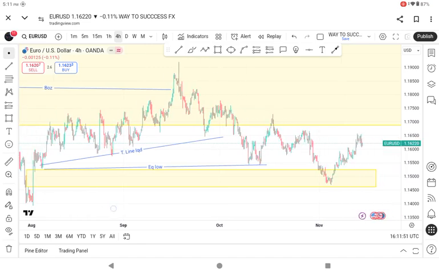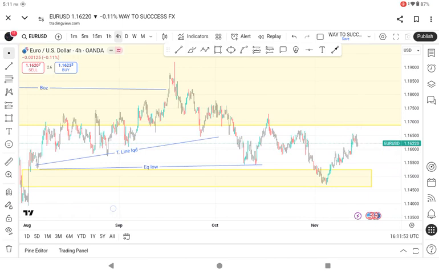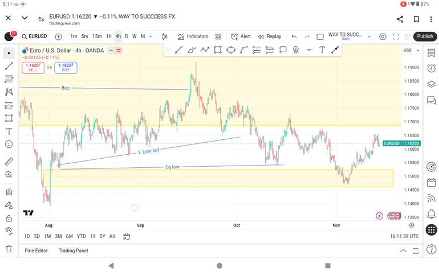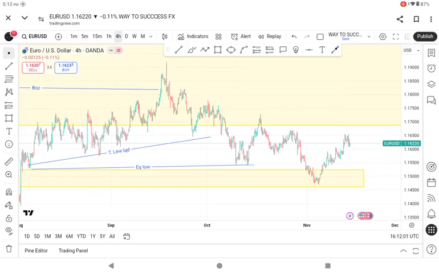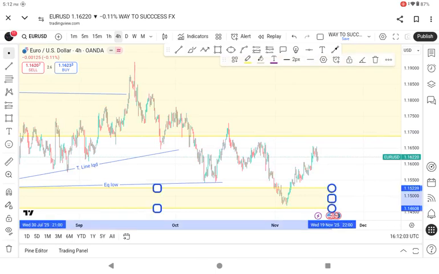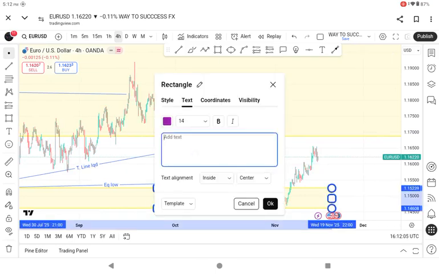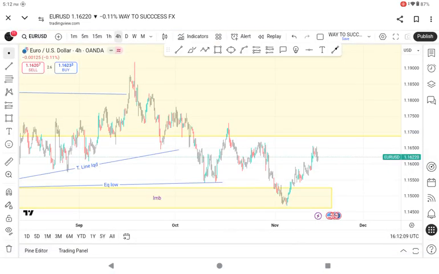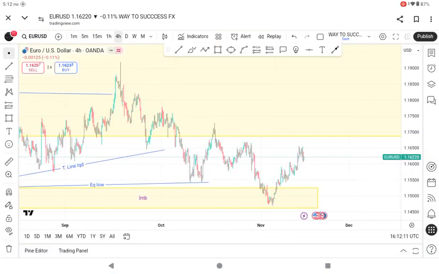We marked in daily imbalance, IMD, daily imbalance.